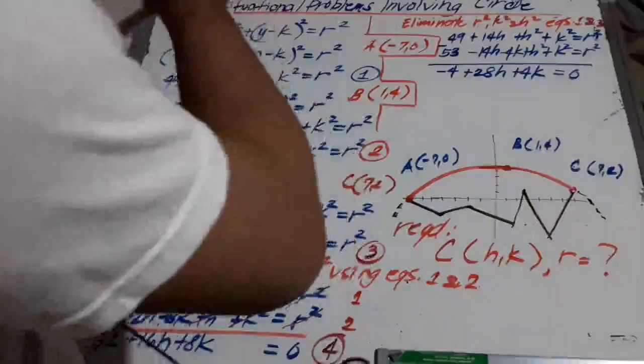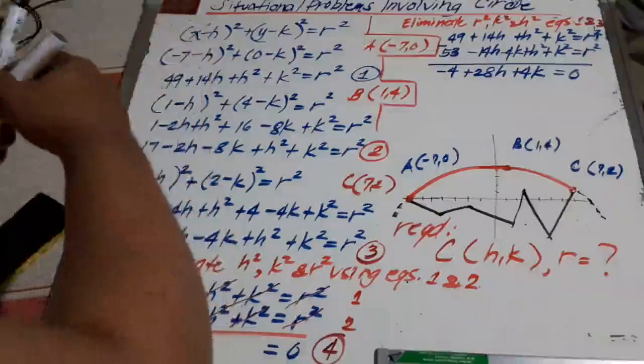Now, again, we subtract. Pag sinubtract, that will be 49 minus 53, that is negative 4. This will become positive 28h. And then this is plus 4k equals 0. So that will become our equation 5.